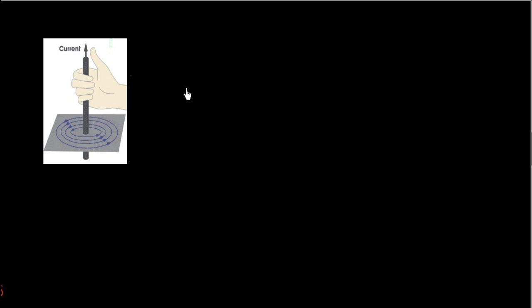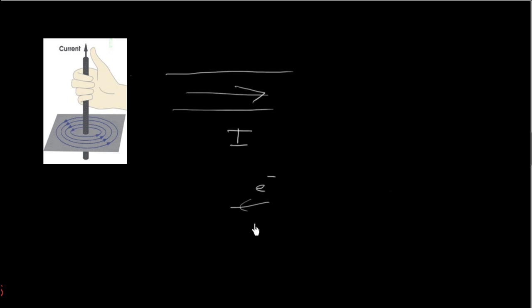So one thing I wanted to mention that's important is that if this is the wire, and that's the direction of the current as we normally call it, the current is I, that means the electrons are going in the opposite direction.